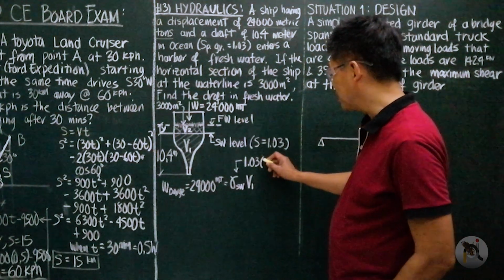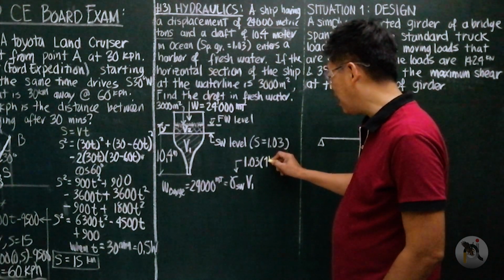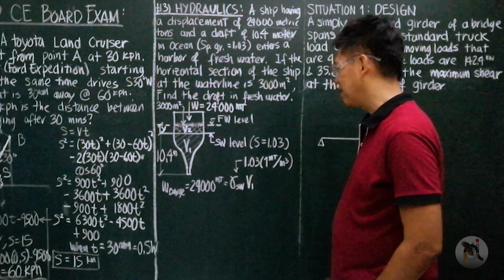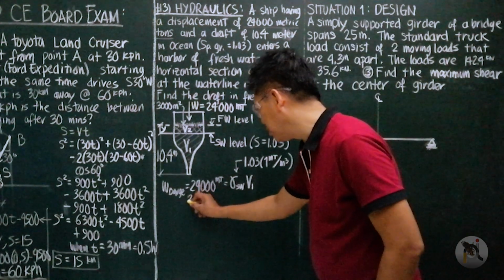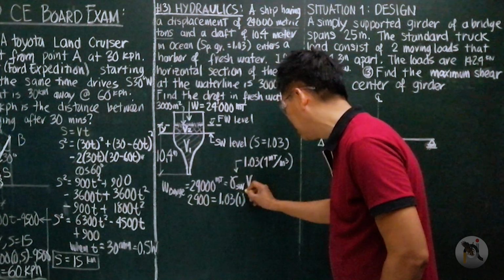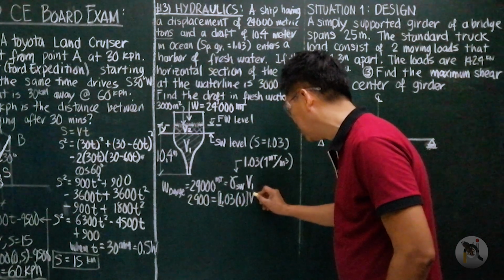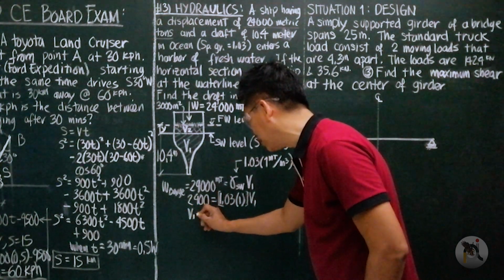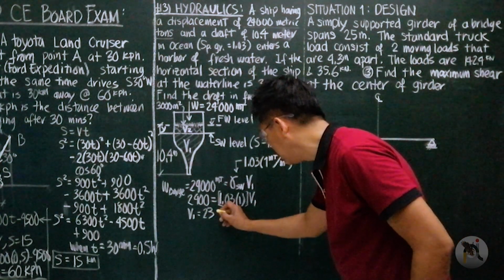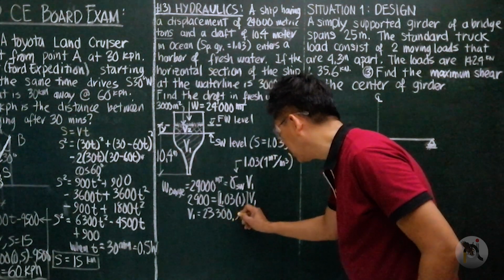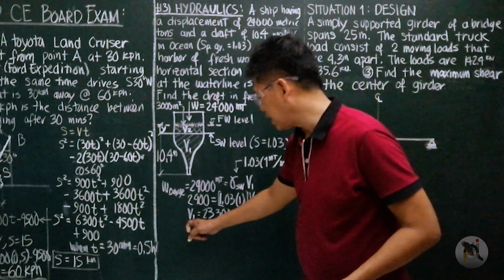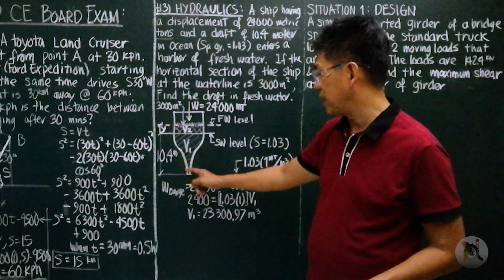So the density of water in metric tons is 1,000 kilograms or 1 metric ton per cubic meter. So therefore, 2,400 equals 1.03 times 1, this is density of salt water, times V1. Your V1 therefore, if you compute this, is 2,330.97 cubic meters. Okay. So this is our V1, the volume of displaced salt water.